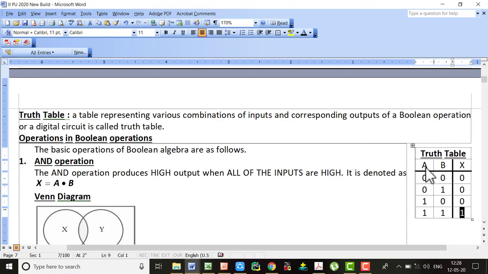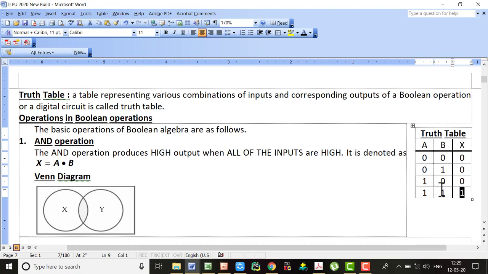By considering all these possibilities, we can say the AND operation produces high output only when all of the inputs are high. What I mean to say is this. Just observe the output. In the first output, you can see that 0 is produced, with inputs 0 and 0.